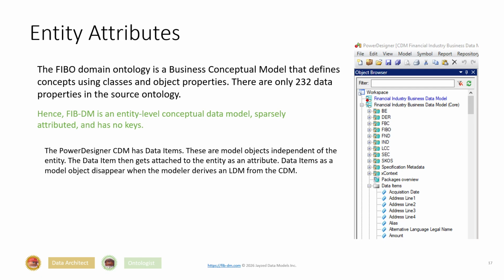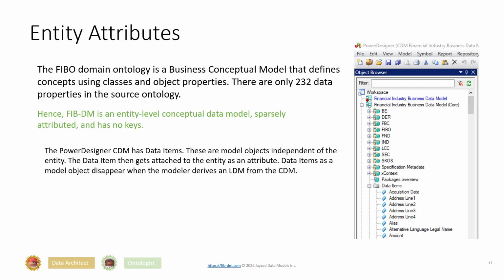PowerDesigner CDM has data items. These are model objects independent of the entity. Now, the data item gets attached to the entity as an attribute. Data items as a model object disappear when the modeler derives an LDM from the CDM. So in the LDM, we only see attributes on an entity.